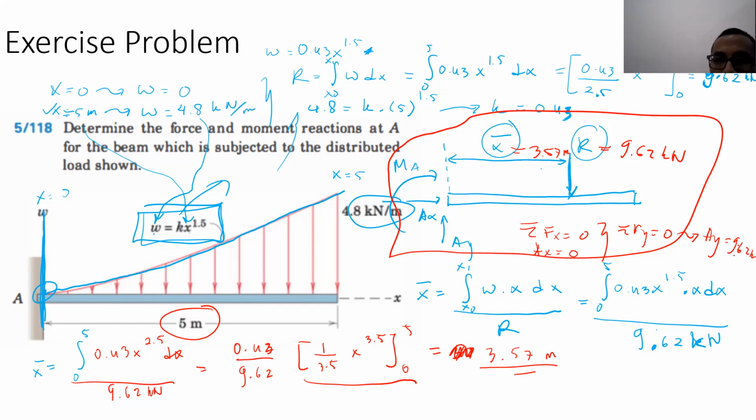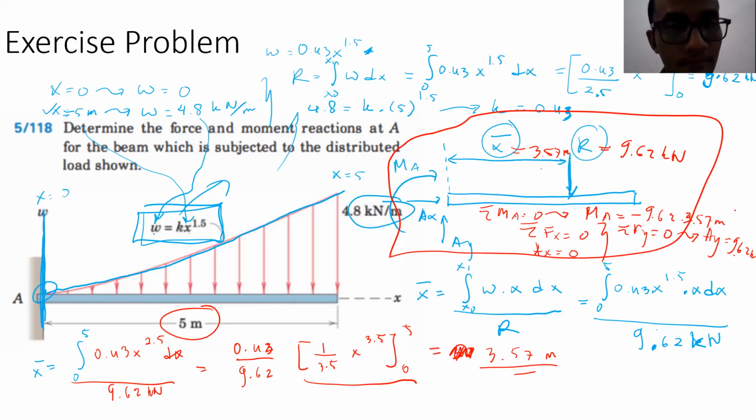And then using sigma moment at point A equal to 0, what you have there will be MA equal to minus 9.62 multiplied by 3.57 meters. So actually you get everything there. Seems like you understand. Yes, I think so.